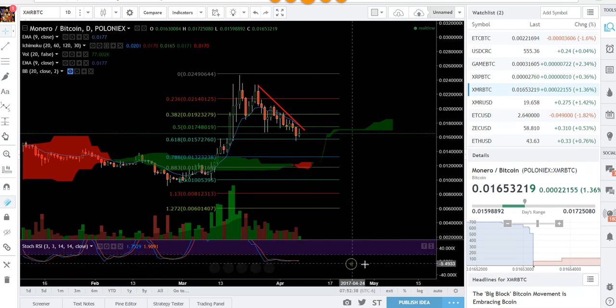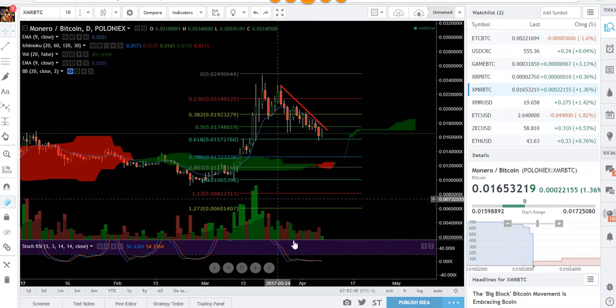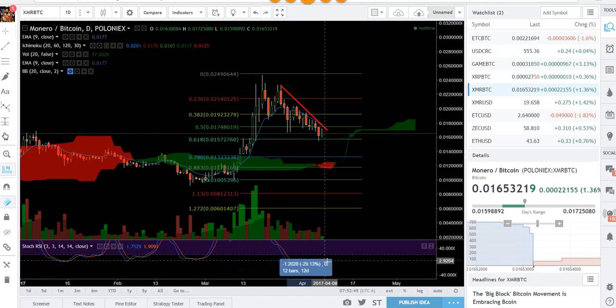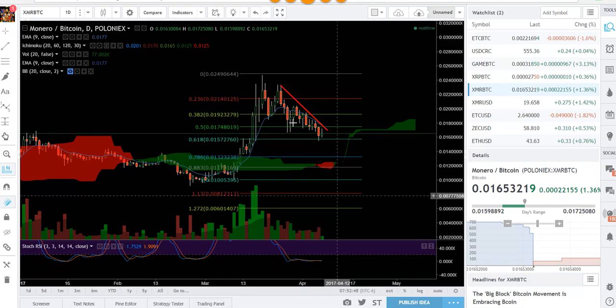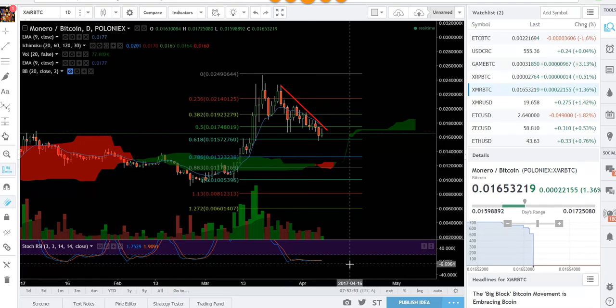Well, these altcoins that are inverse related, look how long this thing has been oversold. It's been oversold for almost 12 days. This entire period from here all the way until now, this coin is oversold. It's on the floor. It doesn't mean it couldn't get sold down more and panic sell more. It's just saying that this is the weakest the market has been. The market is very weak right now.